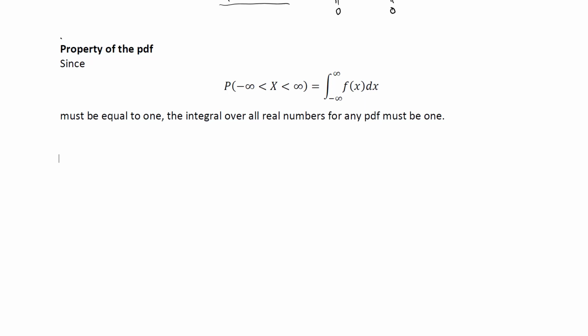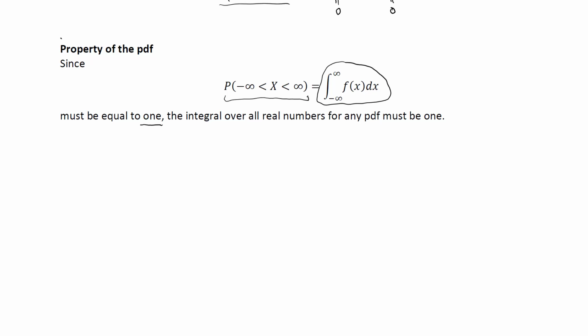And that is, when you integrate the probability density function over all real numbers, then this must be equal to 1. The integral over all real numbers is equal to the probability that X will take a value between minus infinity and infinity, and that must be 1. X will always take a value.